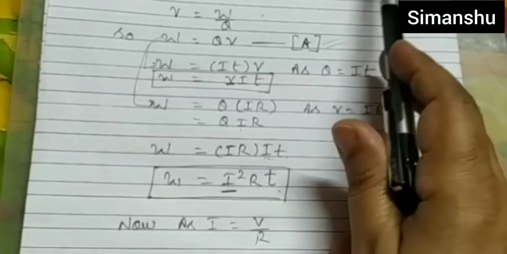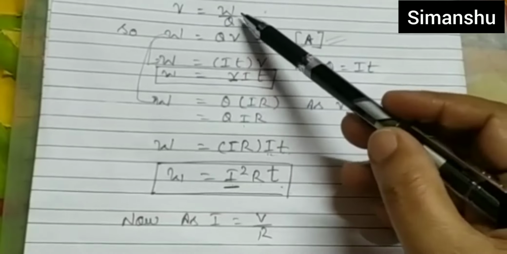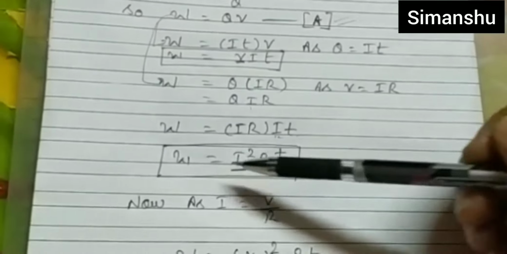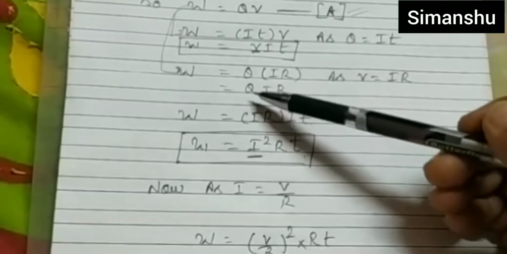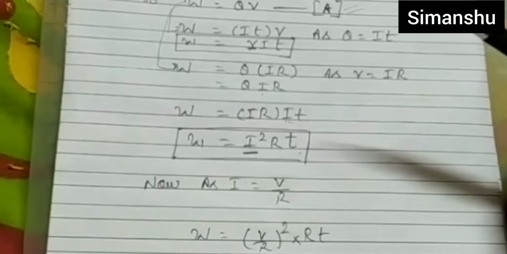What is power? Rate of doing work. Rate of doing work means we have to divide work by time. We already have formulas for work. Each one you can divide by time and get different values. Let us see how to do so.